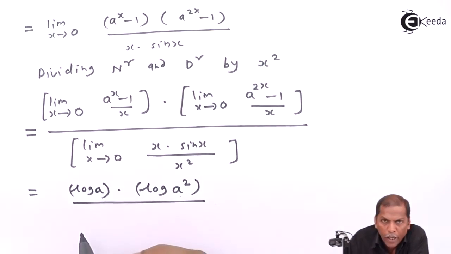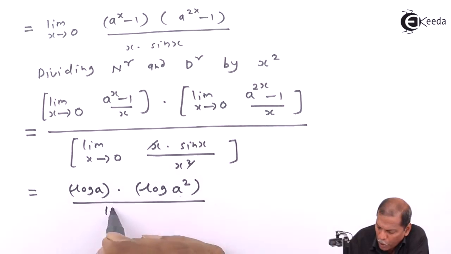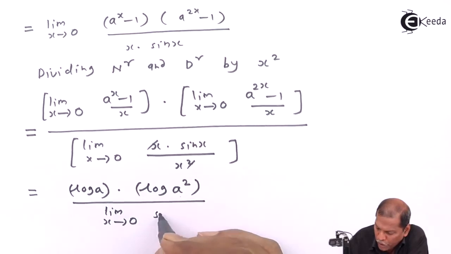whole thing divided by, now in the denominator we cancel x from numerator and denominator, so we are left with limit x tends to 0, sin x upon x.